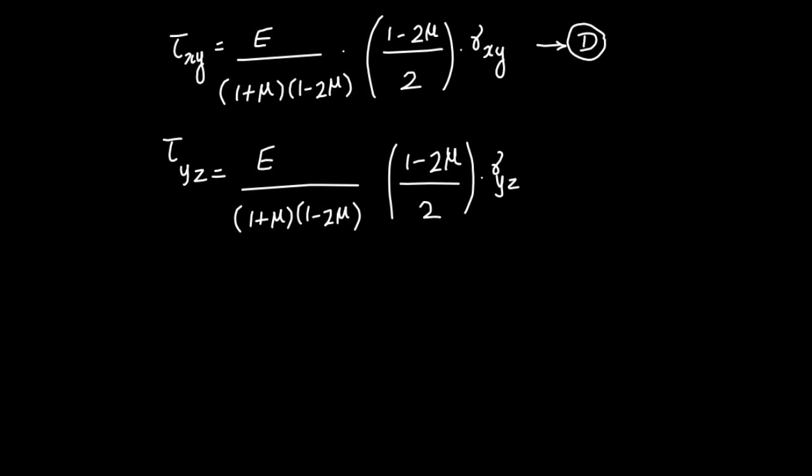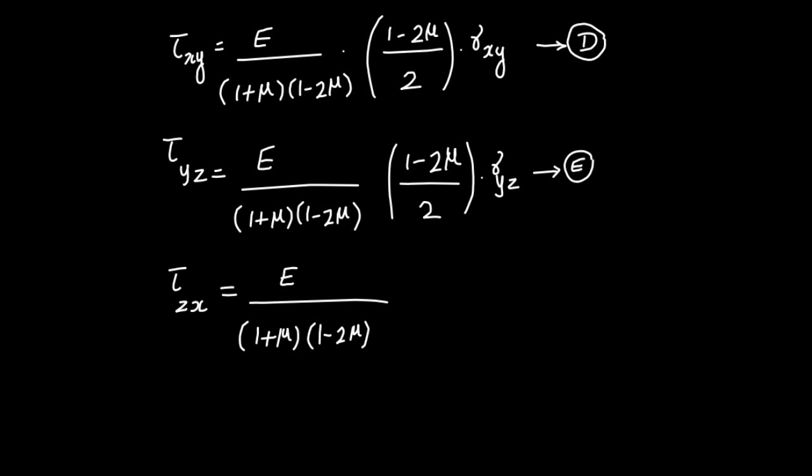So that's going to be my equation E. I can also get the expression for tau zx or xz. Tau zx is equal to capital E divided by 1 plus mu into 1 minus 2 mu into 1 minus 2 mu divided by 2 into nu zx. So that's going to be my expression F.